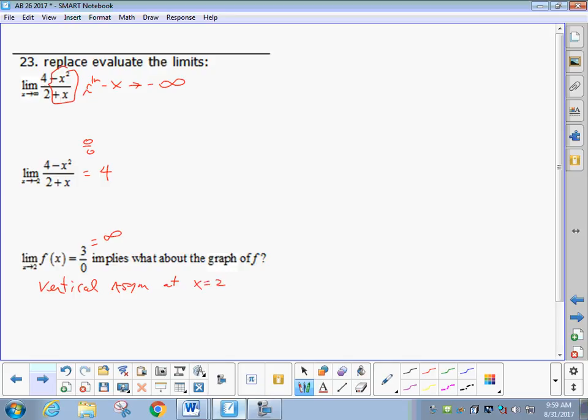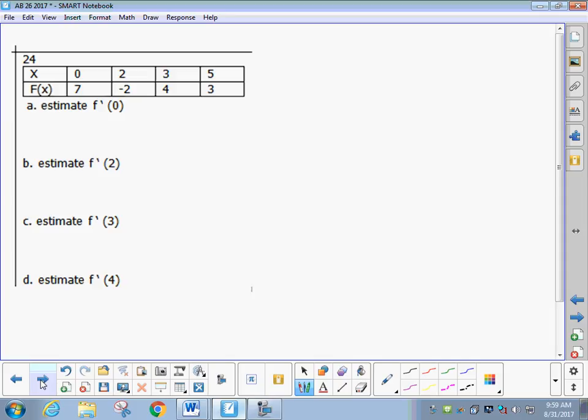All right, and then the derivative estimation problems. Remember the idea of the derivative is take the slope between 2 points and then get the 2 points as close together. Now that's true in the table also. If I want the slope at 0, then what 2 points should I use? 0 and 2. Show that's an estimate.